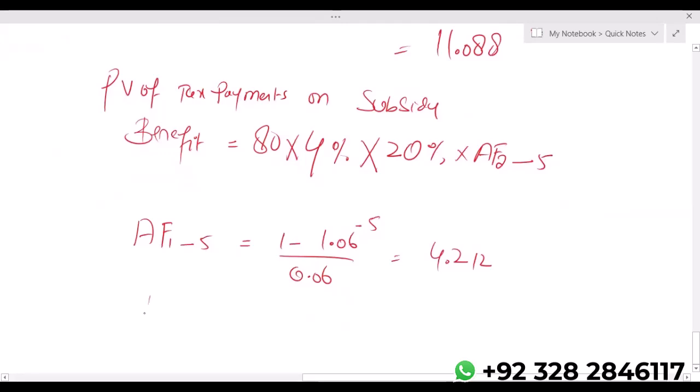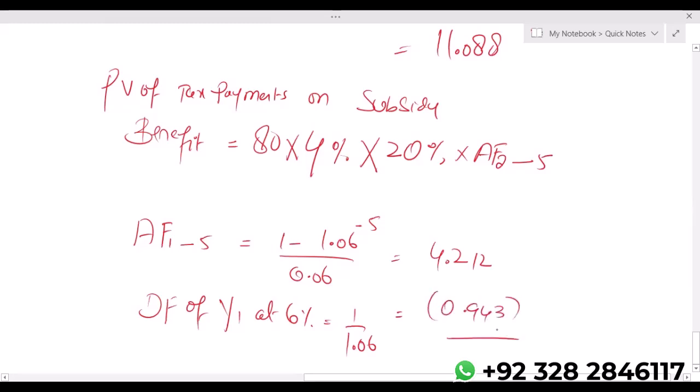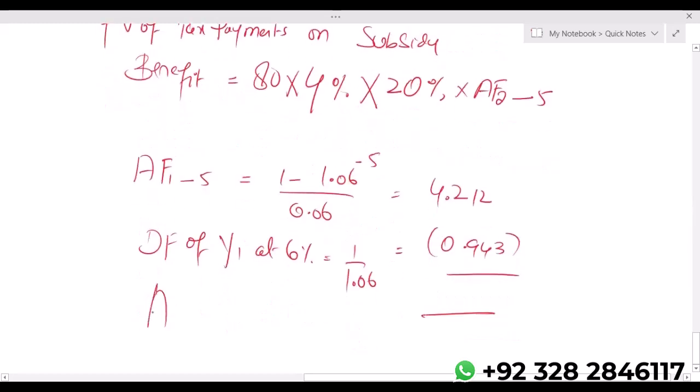Now simply deduct the discount factor of year one at 6%. 1 upon 1.06 will give you the discount factor of the first year, 0.943. So here comes the annuity factor from 2 till 5: 4.212 minus 0.943. I'm getting 3.269.